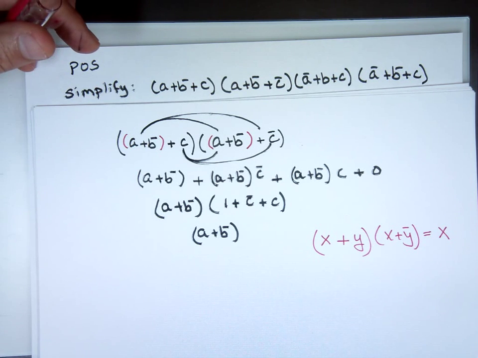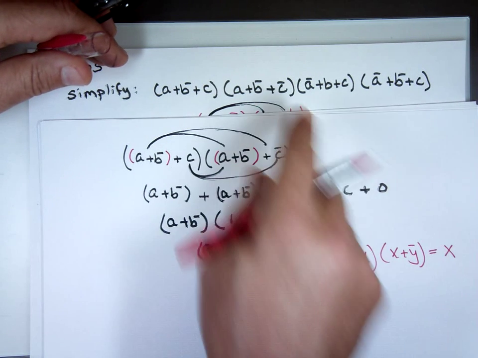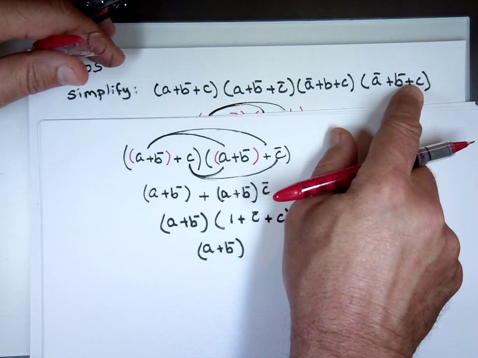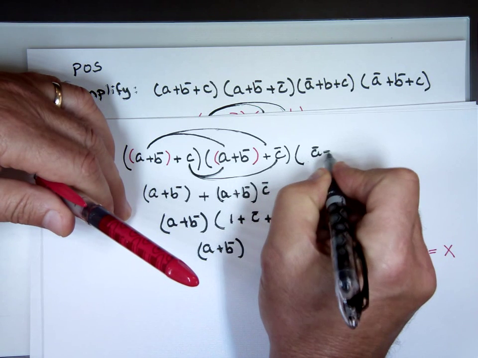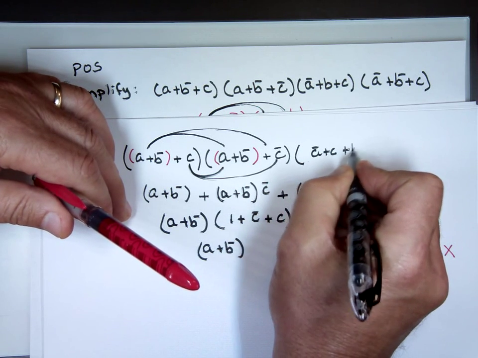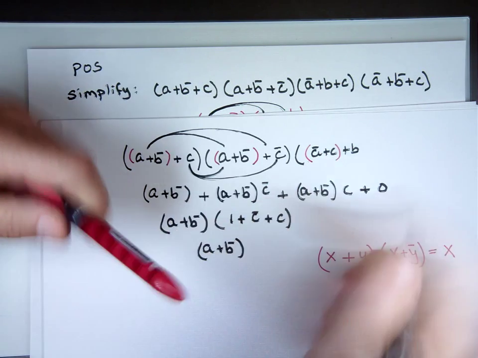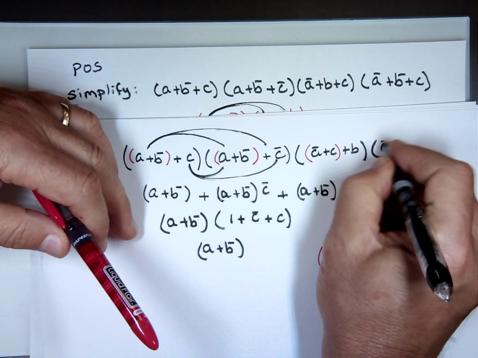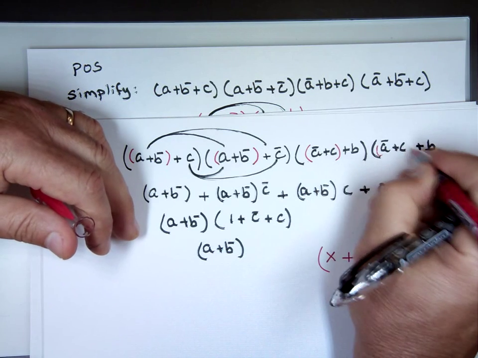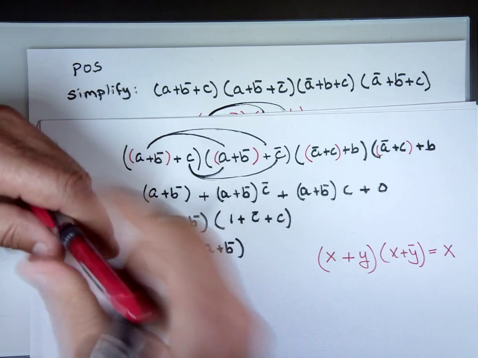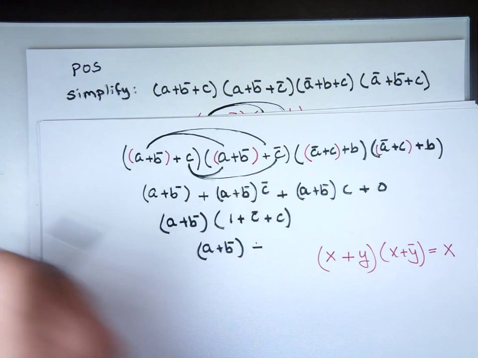Well, if you look at the second part of the problem, look what you notice. You have A bar and you got C. So I can write the second part as A bar plus C plus B. That's the group together. A bar plus C plus B. And if I apply the same math, that should give me what? A bar and C, and not or. Yep.